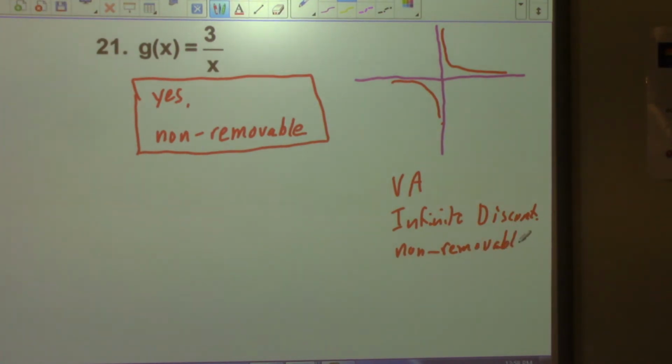Just associate these things mentally together. They are synonymous. Well, the vertical asymptote is a result of it being an infinite discontinuity, essentially. Okay, any questions on 21? Let's go on to 22.